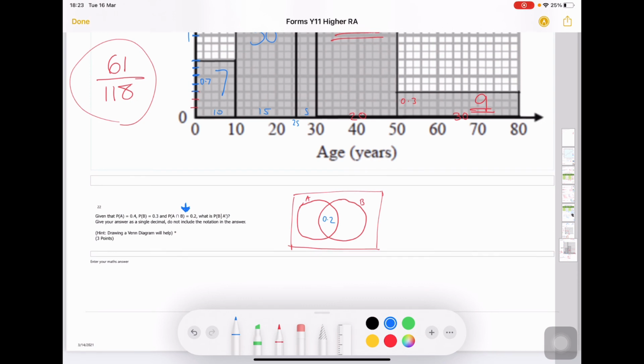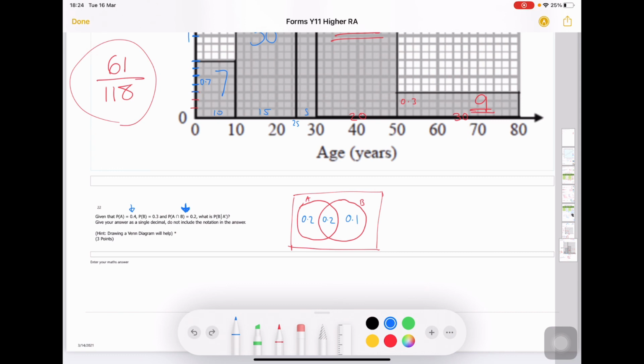The probability of A is 0.4. So we're going to have to write 0.2 in here as well, because these two need to add up to 0.4. And the probability of B is 0.3. So here we need to write 0.1, so that these two add up to 0.3.